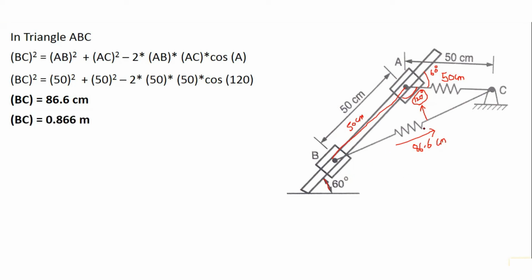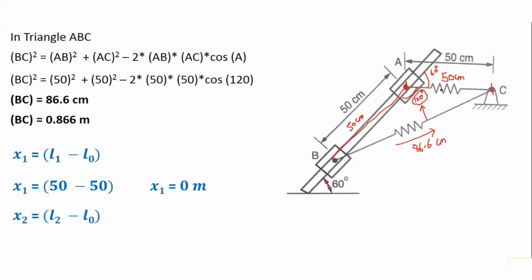Now let us work out the values of x1 and x2 here only. For x1, the position of the block is here, and this is my initial position. So x1 is L1 minus L0, and there is no difference. The original length of the spring is 50, and at position 1 the length of the spring is also 50. So I can write x1 is equal to 50 minus 50, that is 0. Now for x2 we have the formula L2 minus L0.